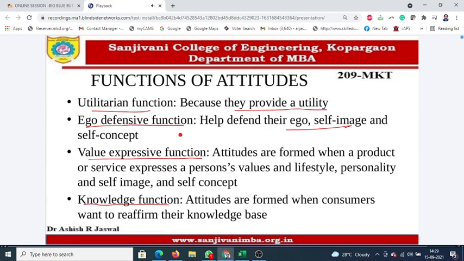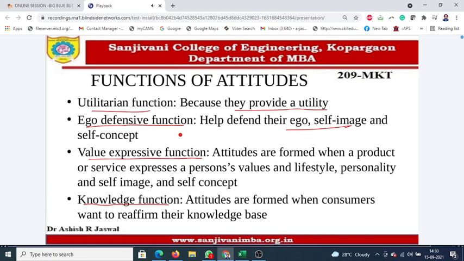For example, if the consumer is high on ethnocentrism, meaning he prefers his own country's products, he is going to have positive attitude towards the products which are manufactured and marketed by the same country. He will speak and promote brands only which are made locally. These attitudes are generally formed to protect the ego, that is called as ego defensive function.